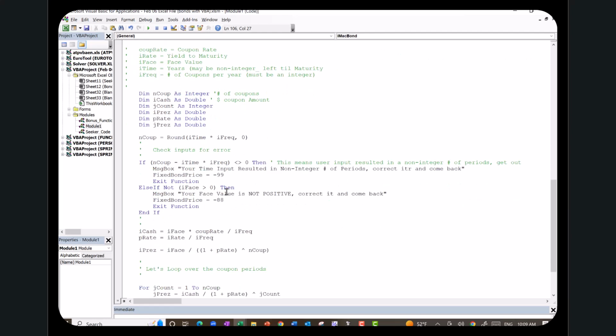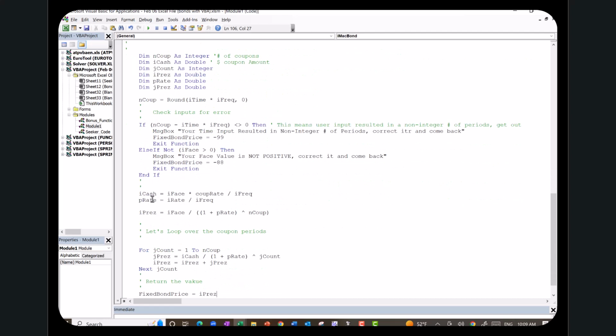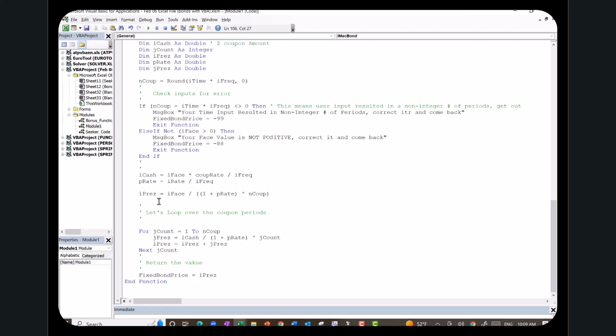First, we check inputs for an error. We did that. iCash is basically the coupon amount. P-rate is the period rate. iPres is present value of the face value. And all of that. The only thing missing is I can actually go into that loop and do my cross products.